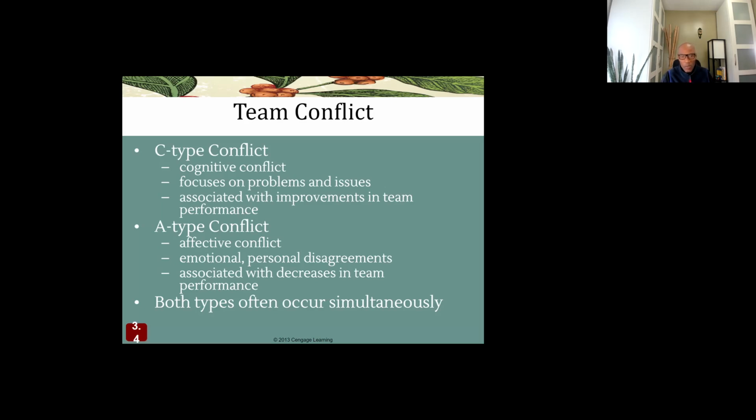Versus A-type conflict, where people disagree with you because of who you are, which is pretty emotional. They don't really like you, or your background, whatever the case may be. And what you'll find is that both types of conflict can occur simultaneously. So it's important to look out for these and see how best you can address them.